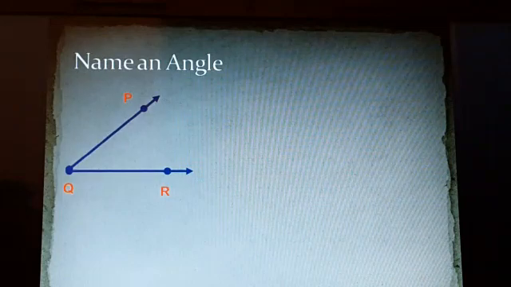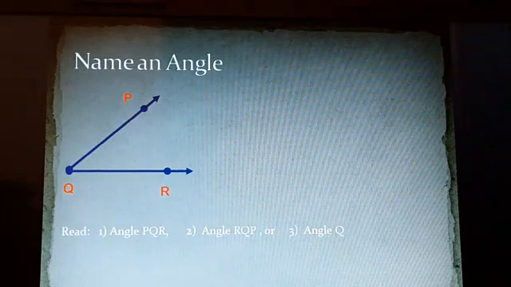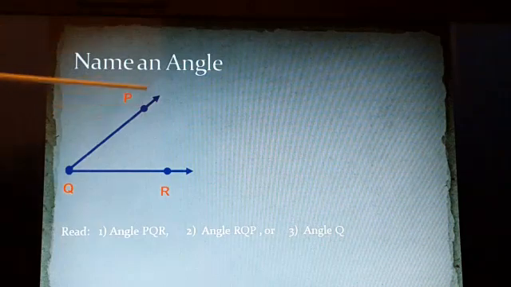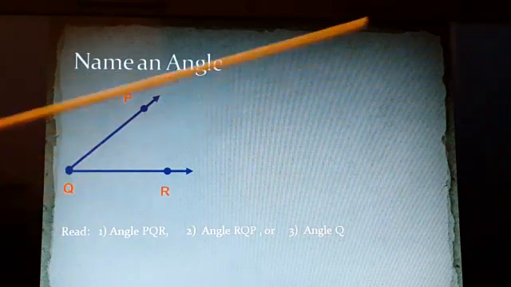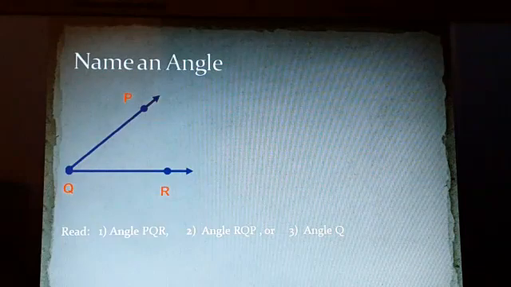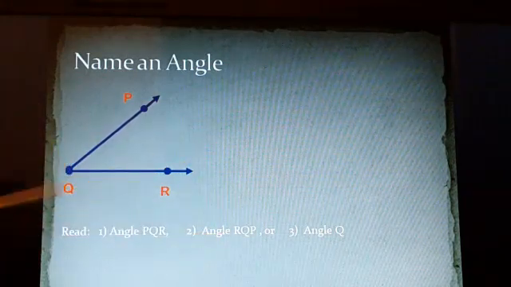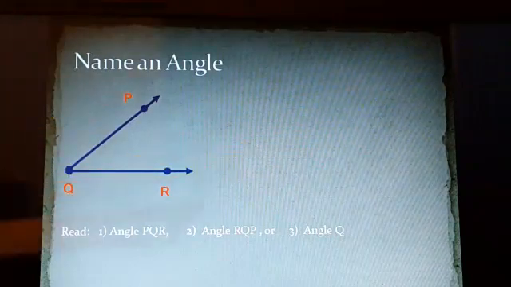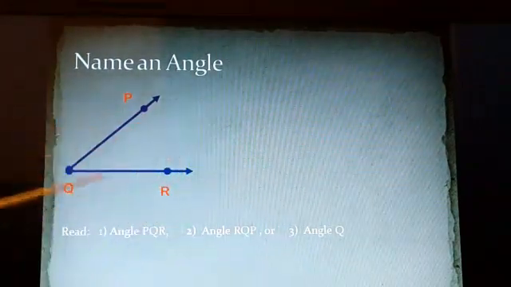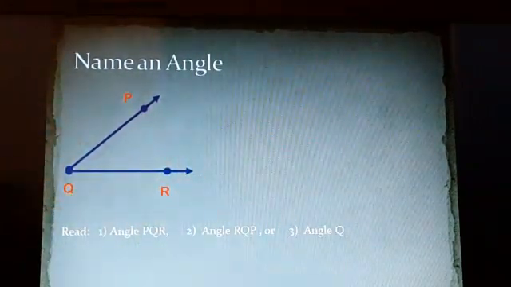Now how to read it? One way is to say the word angle first, angle PQR. Second way, say angle first, angle RQP. Now the third way, say angle only Q. Okay.